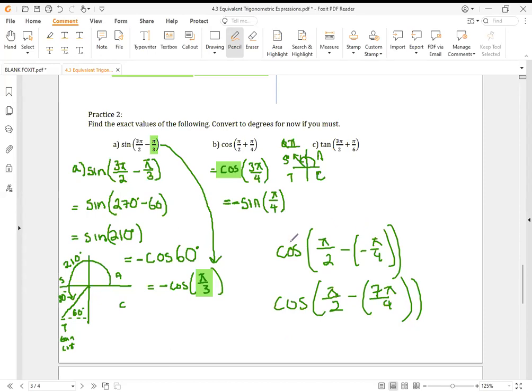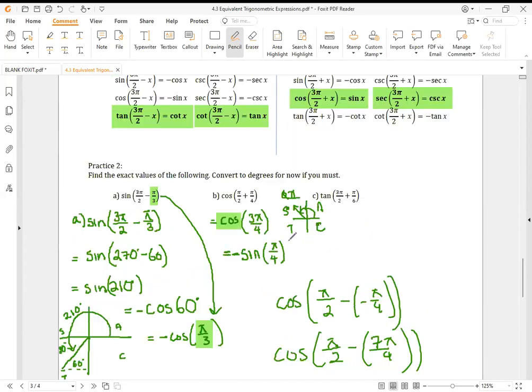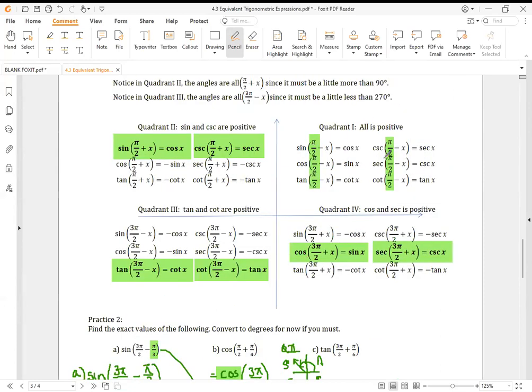So what Katie is doing is, I want to see if I can make it fit these equations. I want 90 degrees or pi over 2 minus something, because if I could figure that out, I can just pluck that angle and use it.